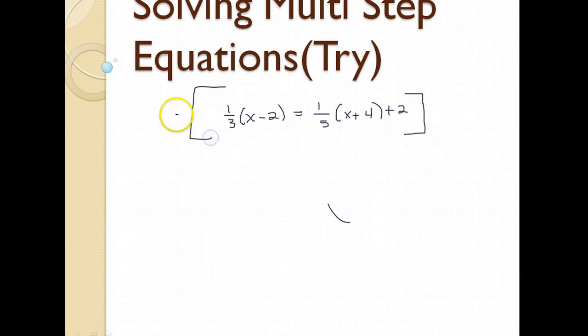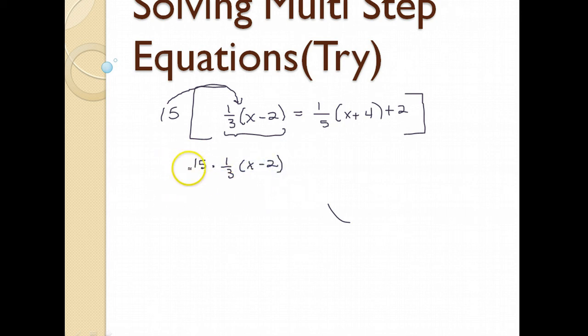I'm going to multiply this by 15. Okay, so this whole thing goes together. So we're multiplying 15 to this whole thing. Essentially what you're doing is 15 times 1/3 times x minus 2.